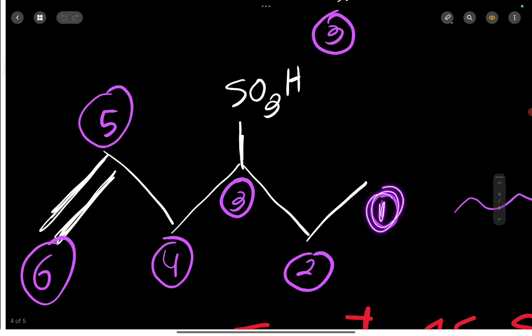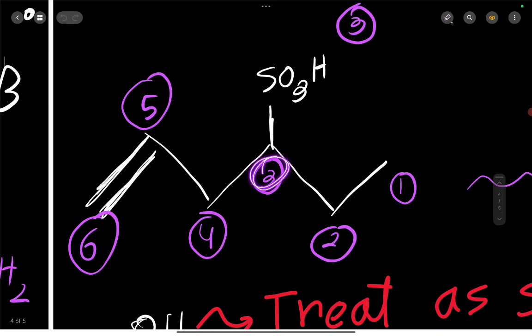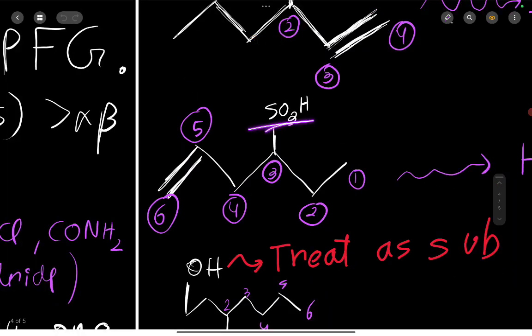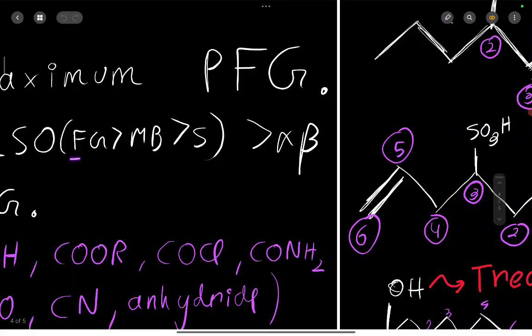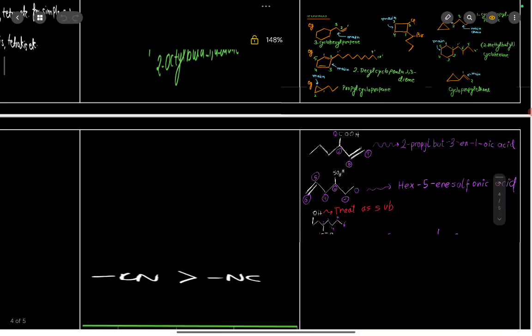I will start it from here because this gives the lowest set to my principal functional group. If I started from here, it would get 4. But from here, it gets 3. So 3 takes the obvious priority and 4 doesn't, because we want the lowest set to be given to the functional group first. Only once all the needs of the functional group are met, only then we will move on to multiple bonds. Okay? And hence you can read these names here.